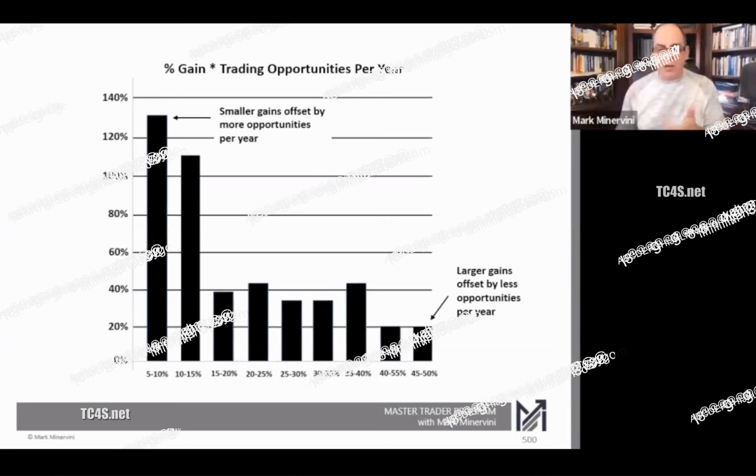So we ran a study. This is from a study from a long time ago that we ran, where we wanted to look at the opportunity cost and figure out, okay, is it really worth it to short-term trade? And so what we did was find out how many opportunities you have coming out of these bases, breaking out, coming from cheats and low cheats and so forth, and breakout trades, and how far these stocks went up.